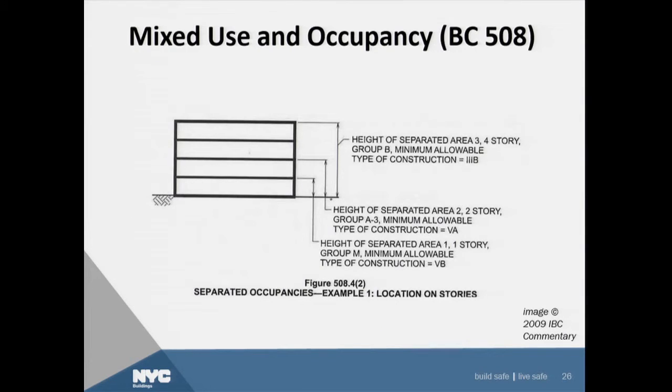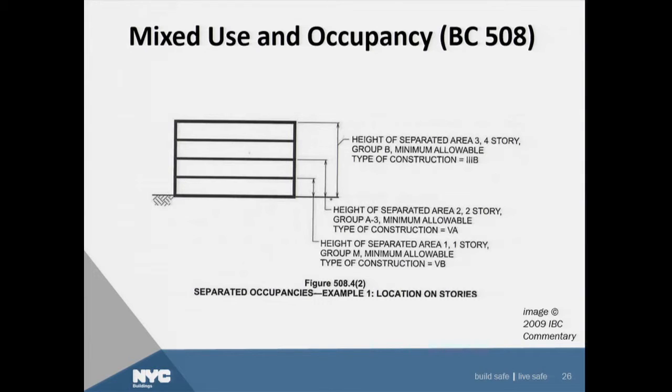Okay, similarly separated occupancies. This is a vertical arrangement. I just want to step back from this example because this is taken from the IBC. This is actually, I don't believe, accurate per our building code. But the point of it is to show you that there's a maximum construction type of 5B for one story.